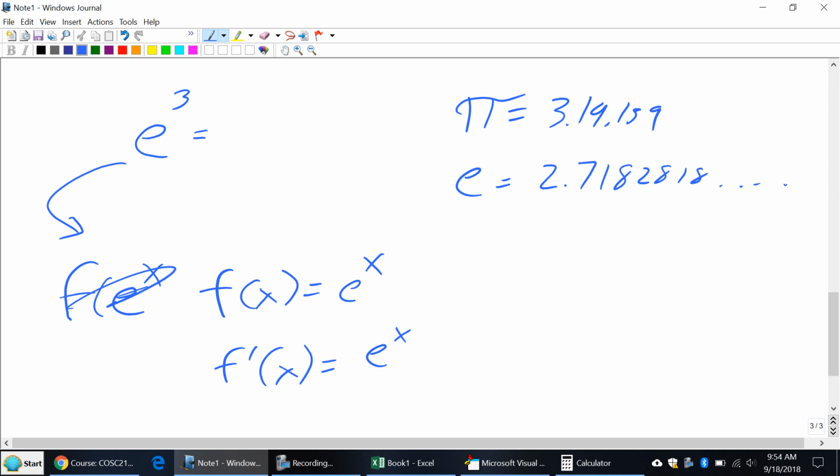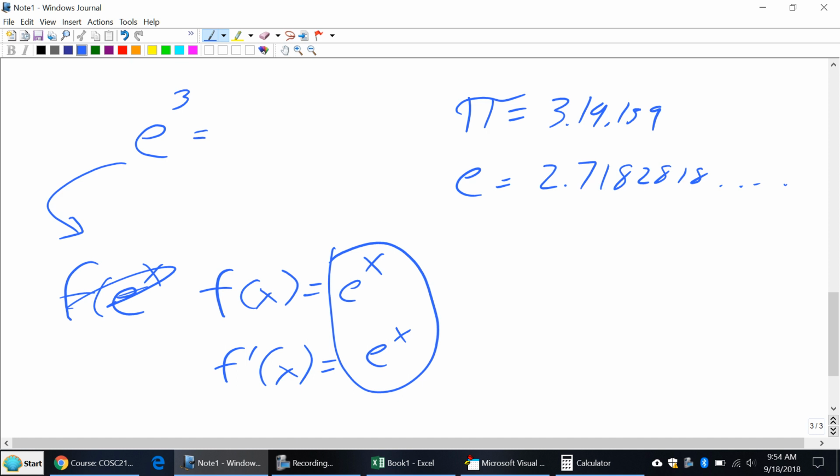What happens is the derivative of the function is itself. Or if you integrate it, which is kind of calculus too, it's itself, and it's the only function that's like that. Any other function that you integrate or take the derivative of is not itself, it's something else.